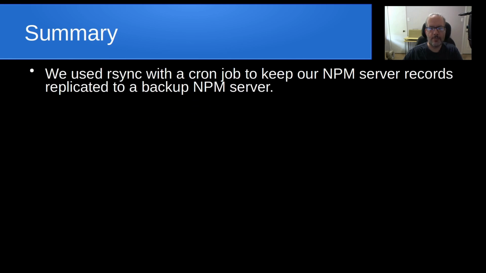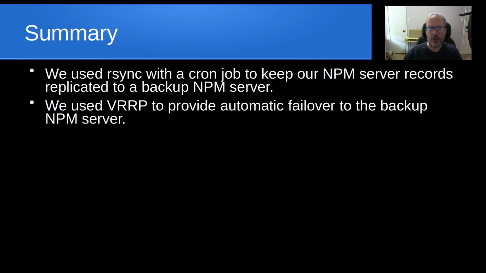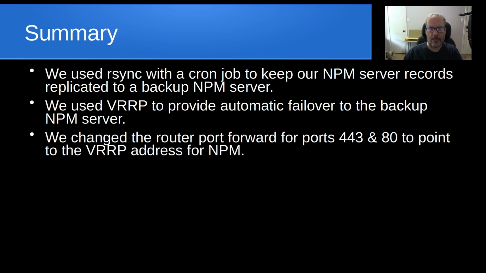So in summary, we used rsync with a cron job to keep our NPM server records replicated to a backup NPM server. And we use VRRP to provide automatic failover to the backup NPM server. And we changed the router port forward for ports 443 and 80 not to point to an individual instance of NPM, but to point to the VRRP virtual address for NPM.